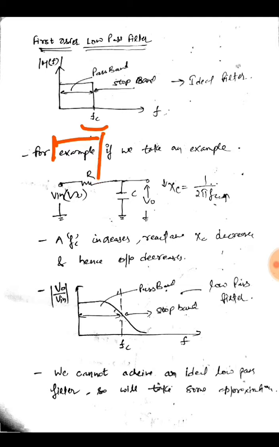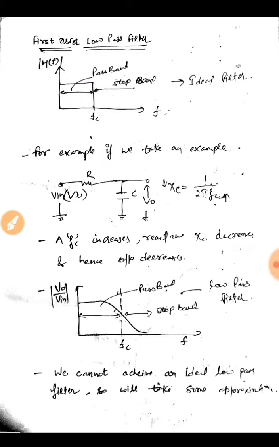Below that it will transmit these frequencies, which is called the pass band, which can be passed through this filter. And if we have a frequency greater than this cutoff frequency, then it will block all these frequencies, so it is called the stop band.